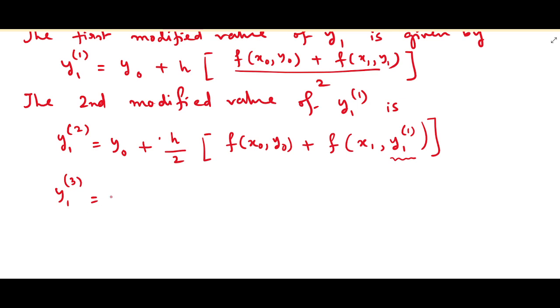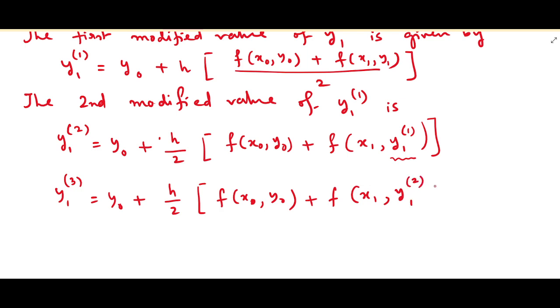Now we are finding y1 to the power 3, which is y naught plus h by 2 into f of x naught comma y naught plus f of x1 comma y1 to the power 2, and so on. So this is the first modified value, this one is the second, this one is the third modified value. You'll see that after 2-3 steps, two results will be exactly the same.